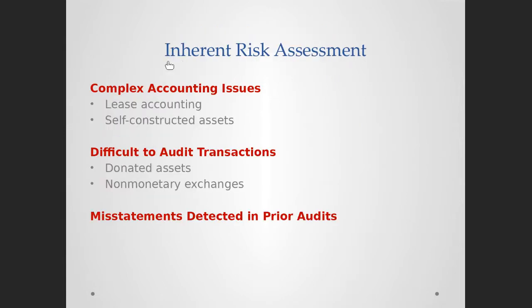Now we come to the auditor side of the equation. Inherent risk. The accounting of property, plant, and equipment is complicated. There are many different types of assets, and they all have different lives, right? And it also depends on which accounting method you're using for depreciation, for useful life, for salvage value.